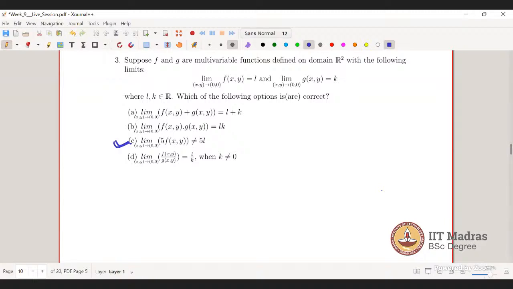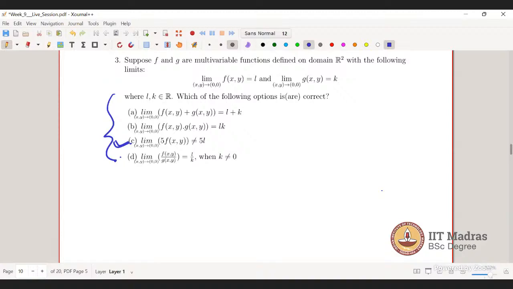So the point is, why I have included this question. The properties of the limits of a multivariable function are basically the same as what you have studied in the case of a one variable function.